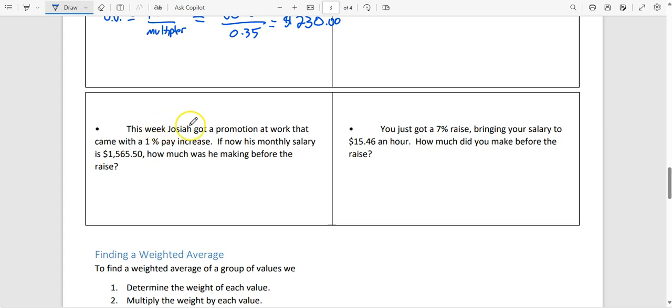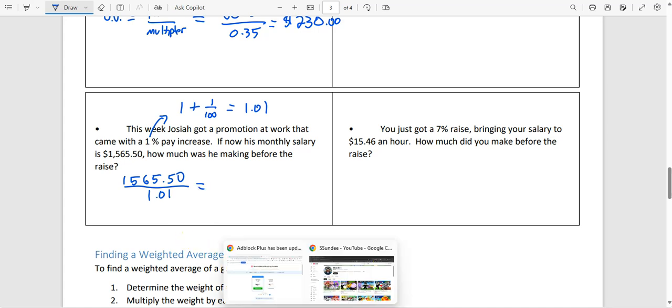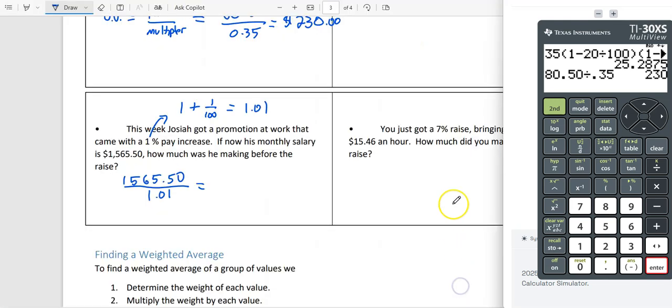So on a question here, Josiah got a promotion at work. It came with a 1% pay increase. What was it before? We can take this 1% and recognize it as an increase and get the multiplier, and then take the new value and divide by the multiplier, which undoes the raise, to figure out what they were at before the raise.